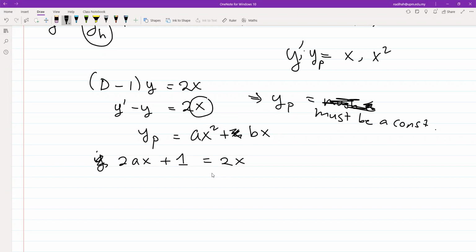Doktor, bukan dia patutnya AX tambah B je ke? Ya, plus B. Saya terlupa letak constant tadi. 2ax plus B. Okay, so maksudnya kat sini B sama dengan kosong dan A sama dengan 1.